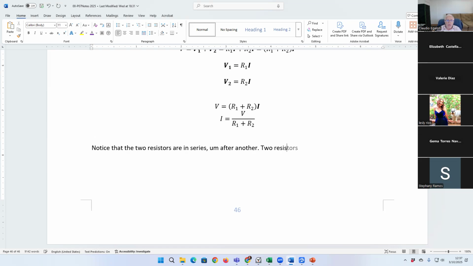2 resistors in series end up behaving like a single resistor with an equivalent resistance given by, here you go, I'll copy that.